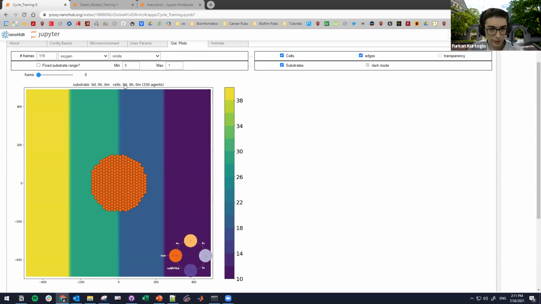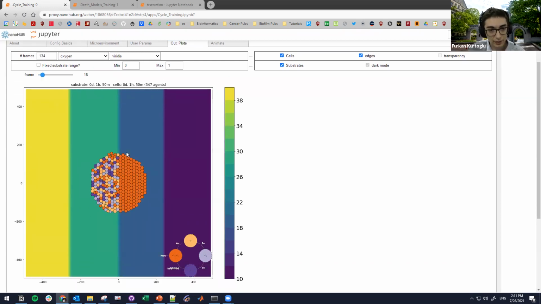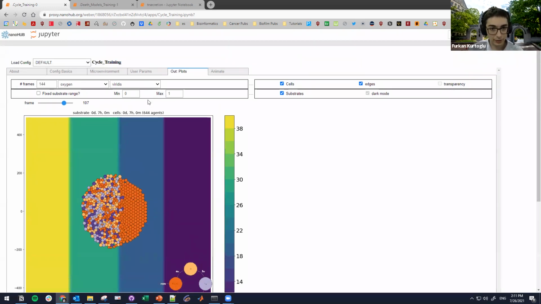Just a reminder, 24 was the threshold. So these two areas are below that threshold. Therefore, these cells cannot have oxygen that is higher than the threshold, so they are not cycling, and so we can arrest the functions.